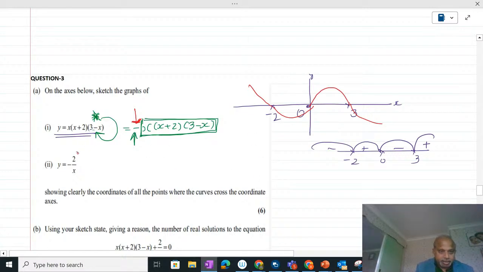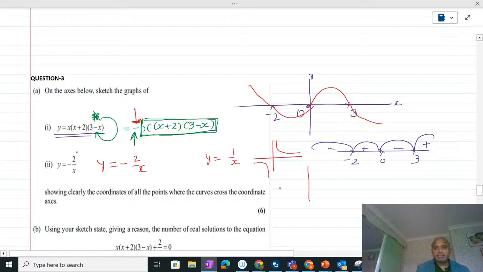Now again, here is another: y equal to minus 2 over x. So we know that the y equal to 1 over x graph is like this. When it is minus 1 over x, this is the minus 1 over x graph. So it will be a reflection along the x-axis. So this is coming here and this is going there.